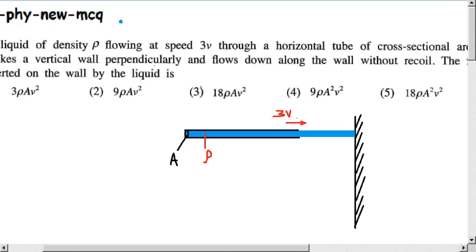That means the water flows down without recoil, means without bumping or without rebounds.